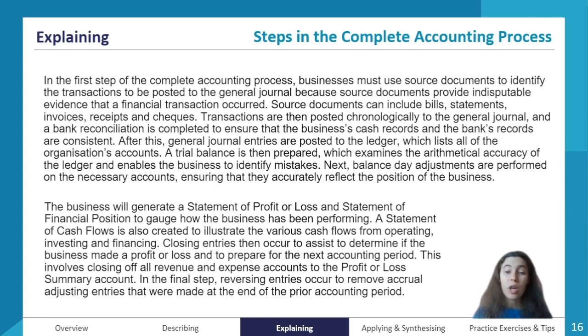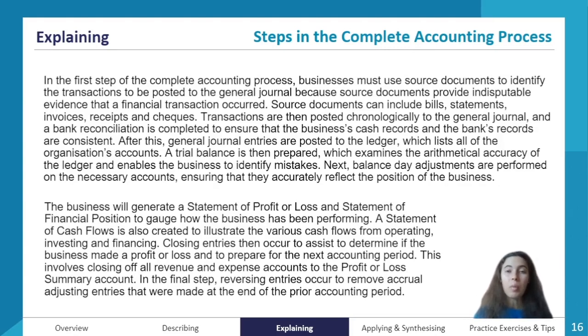Then the business will generate its statements, and you've got some explanation of what the different statements are doing here. So the profit or loss and the financial position are allowing you to gauge how the business has been performing financially. The statement of cash flow illustrates the cash flows from operating, investing, and financing.